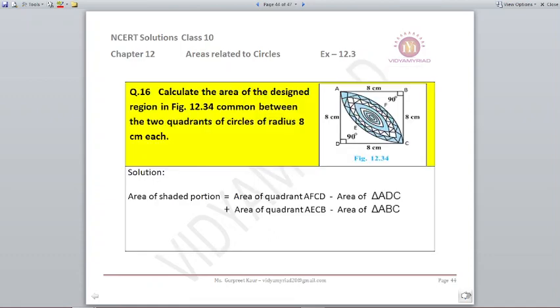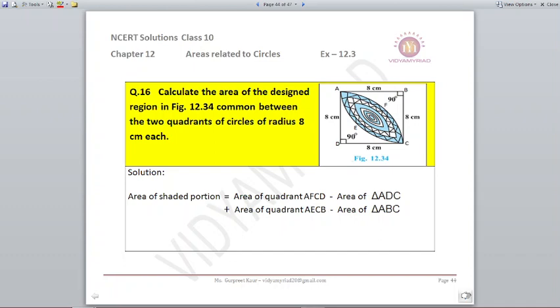Next, calculate the area of the designed region in this figure, common between the two quadrants of a circle of radius 8 centimeters each. The design you are seeing here is the common region which we need to find out.